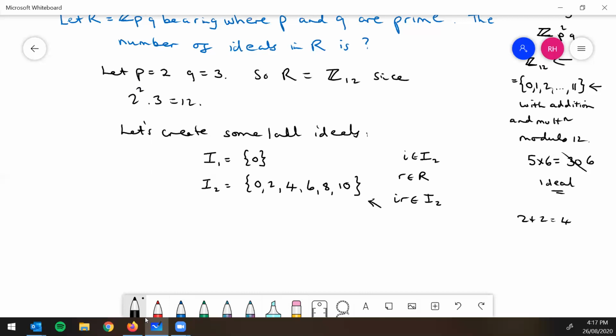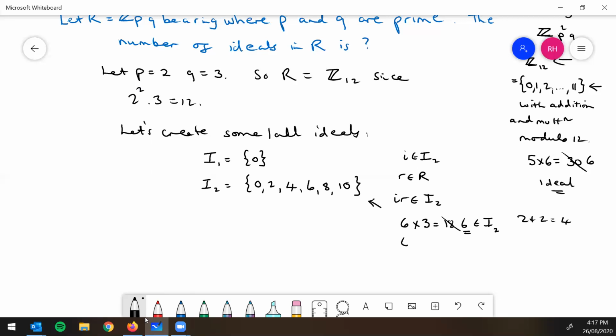Let's say I take 6 as the ideal element, and I go 6 by 3, 3 is part of the ring, well, that is 18, but 18 is 12 plus 6, so that's actually 6. So I've got 6, and 6 is in the ideal I2.